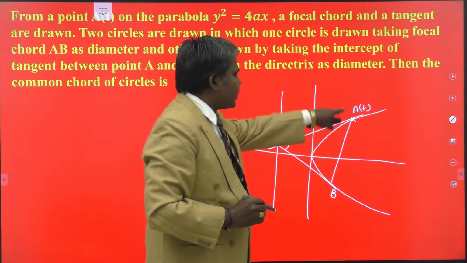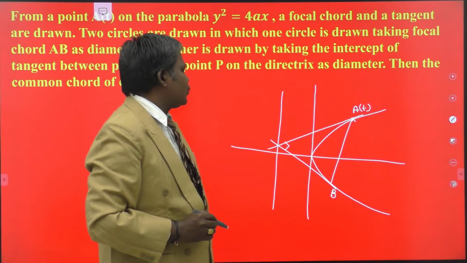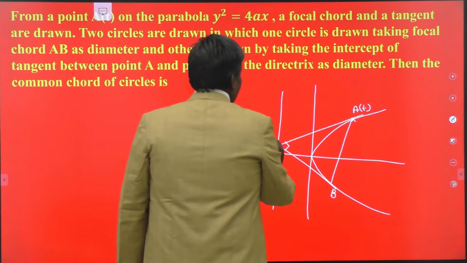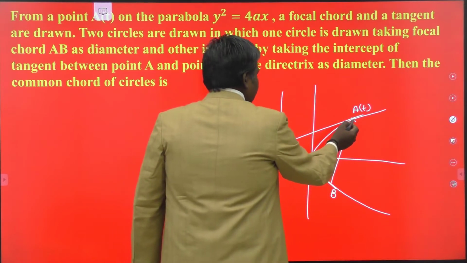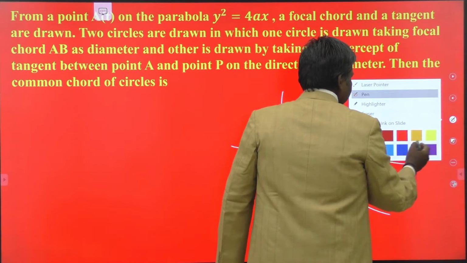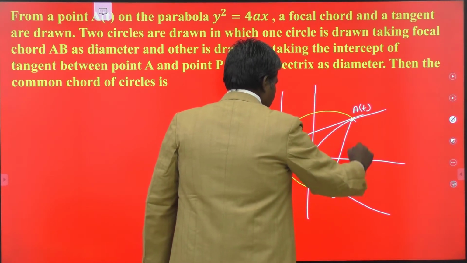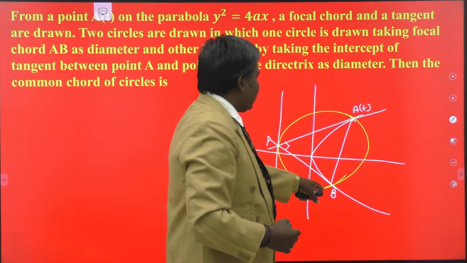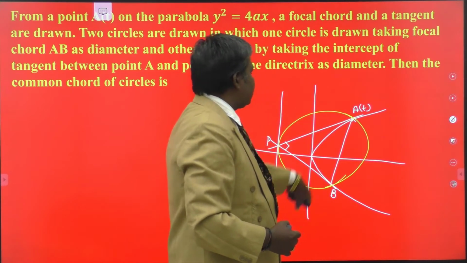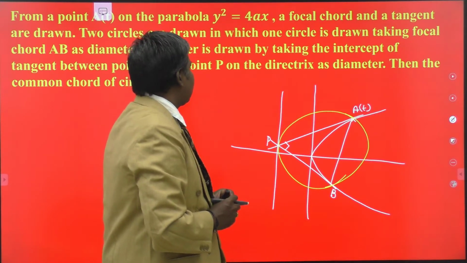If you construct a circle on AB as diameter, that must and should be passing through this point also. This is the point P. Okay. So your circle may be like this. So actually this is a rough diagram. For that circle, your AB is the diameter.